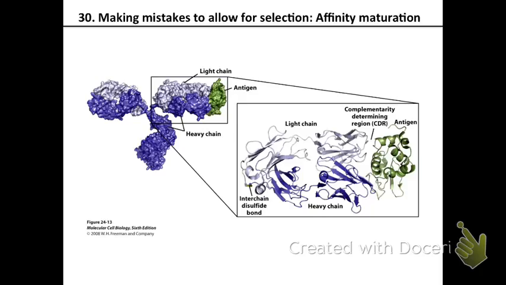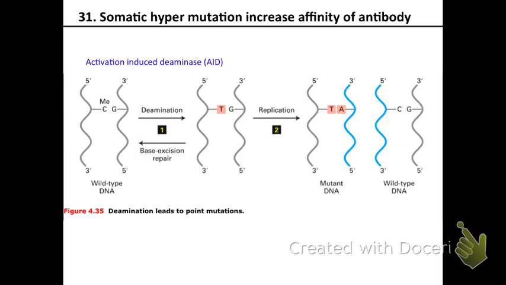Okay? So what happens is that after the immune cells are recognized and proliferated, they induce an enzyme called activation-induced deaminase, AID. And what this enzyme does is it purposefully takes the methylated cytosine residues and deaminates them to produce T. Now, these cells replicate fast and make lots of mutations.